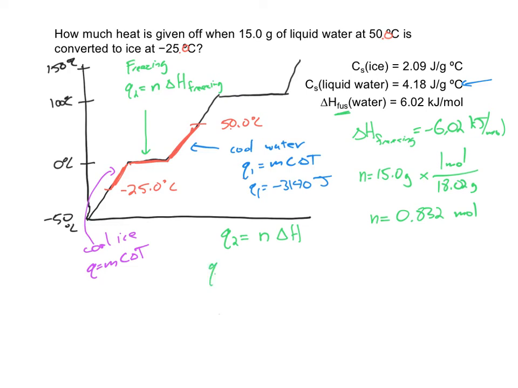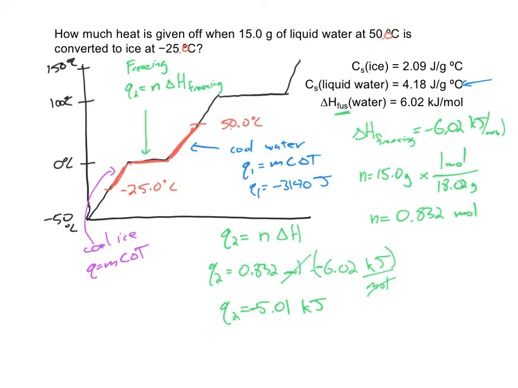And so my Q2, I get 5.01, and I'll be careful of the units. This is in kilojoules. And, I'm sorry, the 6.02 should have been times a negative 6.02, because my Q2 is going to be negative 5.01 kilojoules.